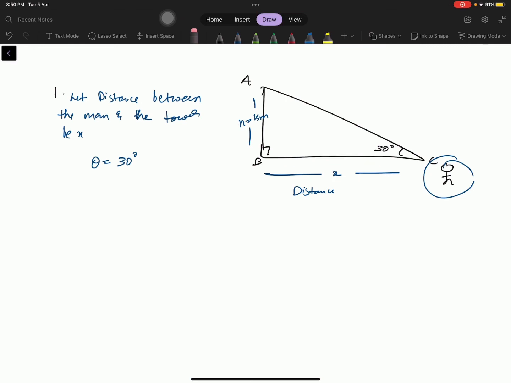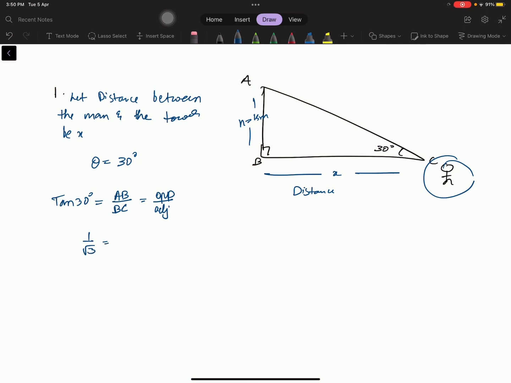With respect to theta, if we take AB as one side and BC as the other side, we get opposite by adjacent. What is opposite by adjacent? It's going to be tan theta. So tan 30 degrees is equal to AB by BC, which is opposite by adjacent, right? What is tan 30? 1 by root 3.